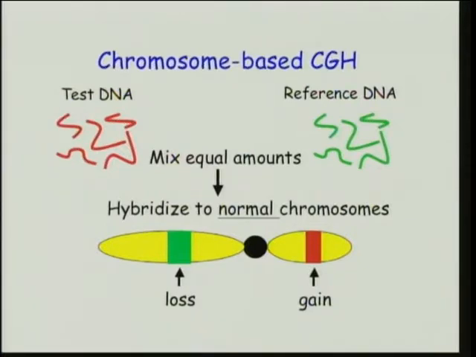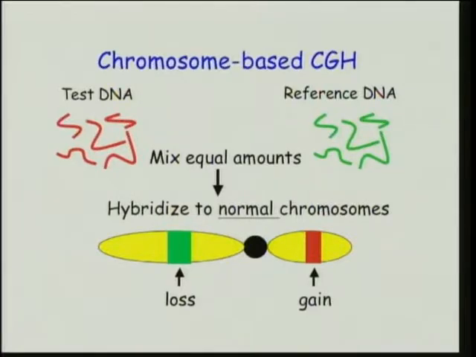Typically, the dyes that are used are Cy3 and Cy5. And you mix these DNAs together in equal amounts, along with COT1, which blocks repetitive DNA sequences. And you hybridize this mixture to normal chromosomes. So you don't need chromosomes from your case of interest. You just need a source of normal chromosomes.